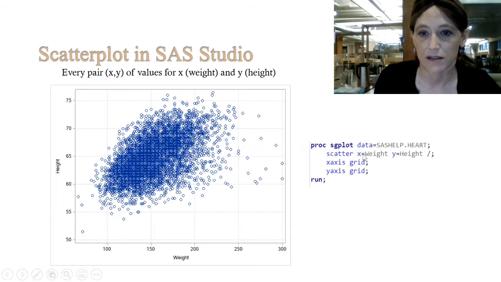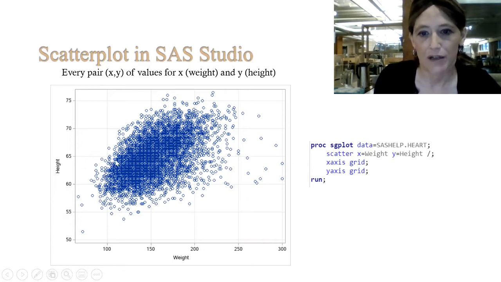Notice here in the syntax that I used to generate this plot, which is part of the graph features, I simply told it, give me the weight variable as my x and height as my y variable.